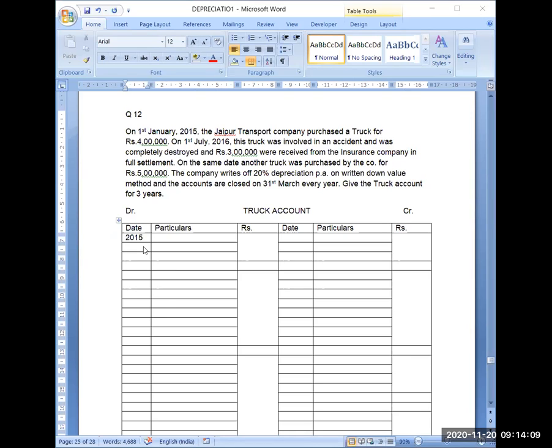And the date is January 1. Jan 1, to bank account. And the amount is 4 lakh.